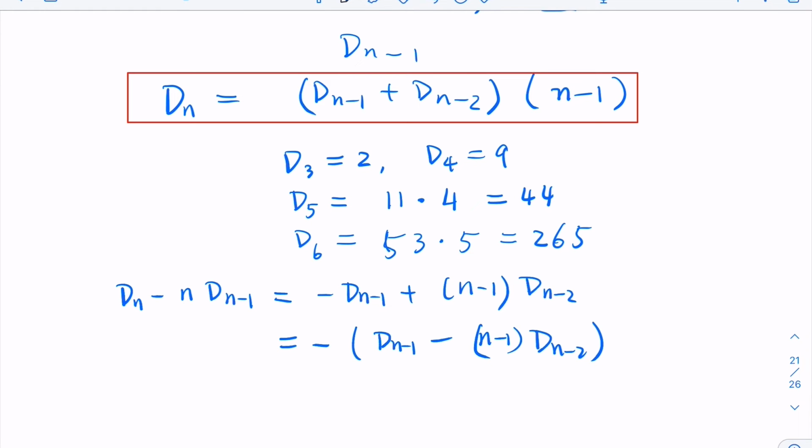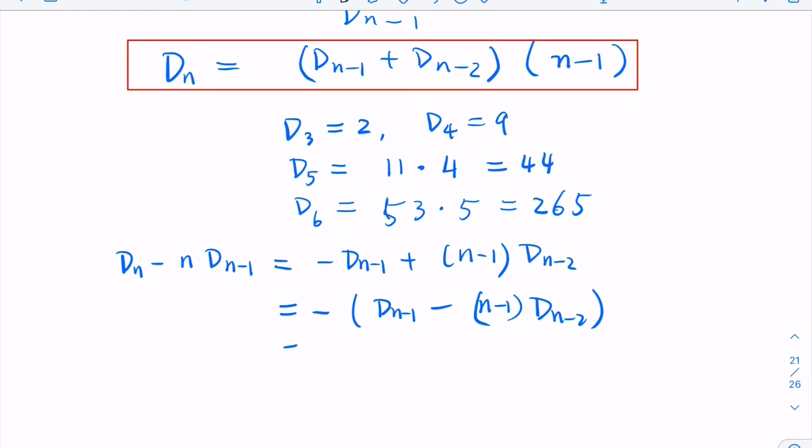Yeah, so what you can do is continue until you get negative 1, because each time you have negative 1. And eventually you get d2 minus 2 d1. And this is going to be how many times? It's going to be n minus 2 times, from d_n to d2. So each time you have a negative sign here. So what is d2?